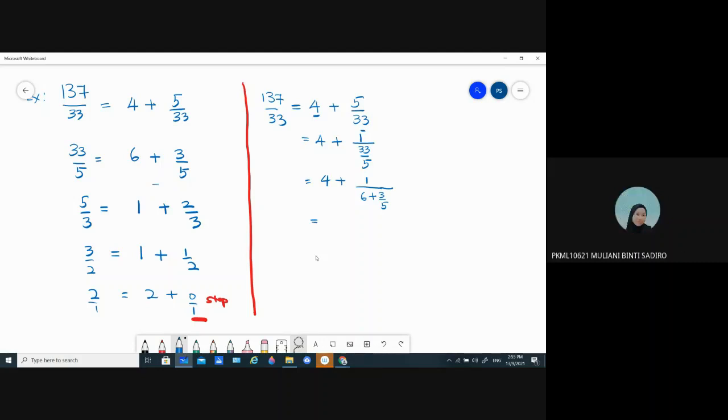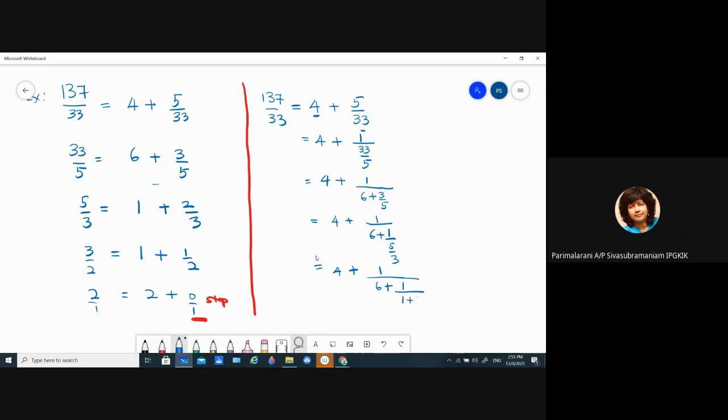So 3 over 5 is also equivalent to 1 over 5 over 3. So this is 4 plus 1 over 6 plus 1 over, what is 5 over 3?